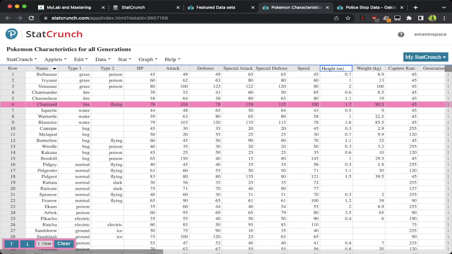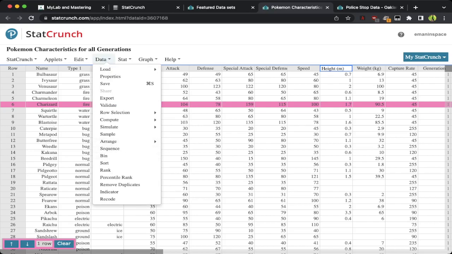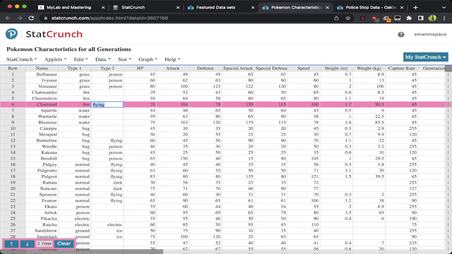So what is the name of the Pokemon? It's Charizard. What type is Charizard? It's fire. What's their second type? Flying. What is Charizard's height in meters? 1.7. So you can look at all these different values. In a data frame, the columns are the variables, the rows are a subject. So that's what I have highlighted here is about one particular Pokemon.